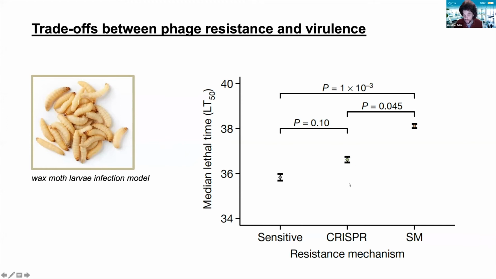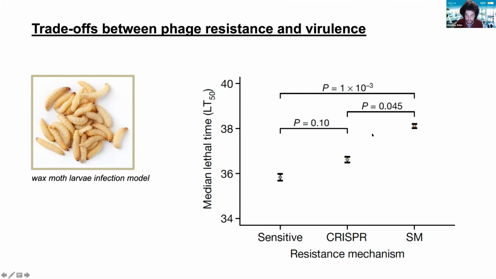Bacteria that have acquired CRISPR immunity kill the larvae after about the same period of time. This difference is not statistically significant. But if we run the infection experiment with a surface mutant that has changed its cell surface and become phage resistant through that mechanism, we see that it takes significantly longer for these mutants to kill the larvae.